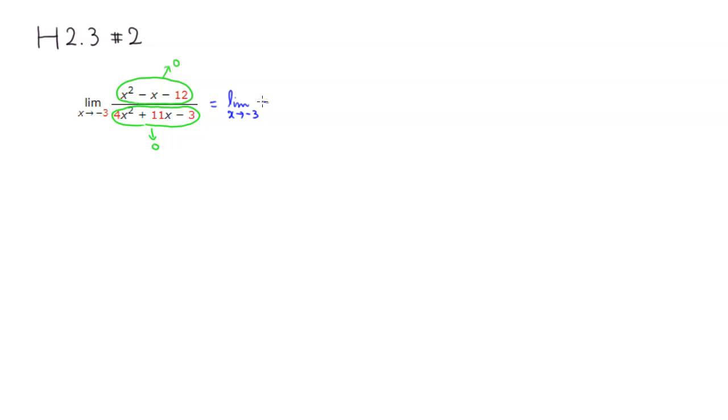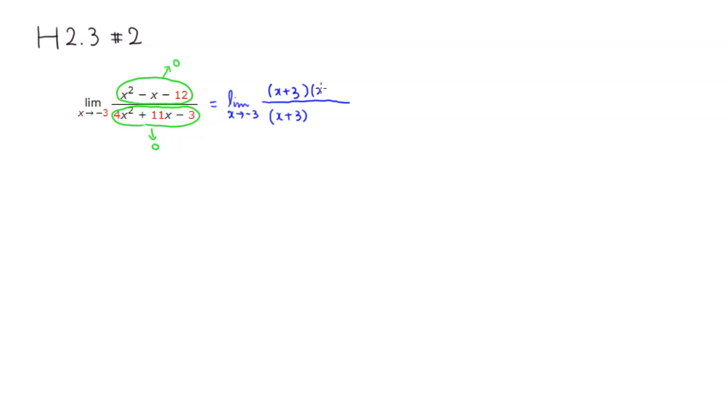Since plugging in -3 gives 0, we're expecting x plus 3 as the common factor. So I'm going to go ahead and put those in, and we should be able to cancel them out.